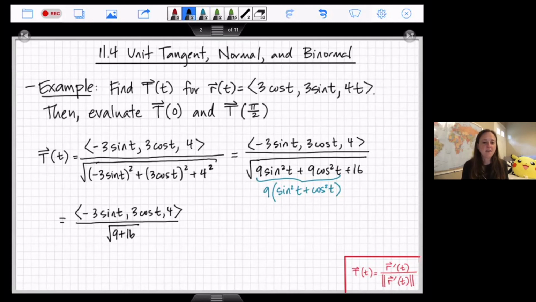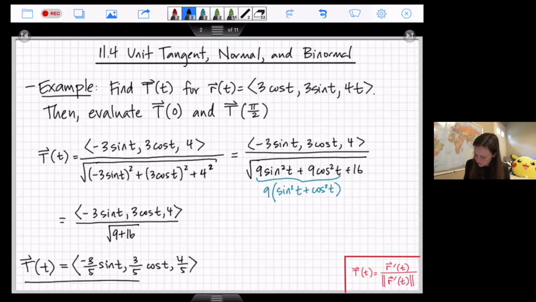All right, so we've just got a 5 to divide each one of those components by. All right, so our vector valued function for the unit tangent is going to be negative 3/5 sine t. So I'm just dividing all the components by that 5 from the square root of 25. 3/5 cosine t, comma 4/5. All right, so that's our vector valued unit tangent function.